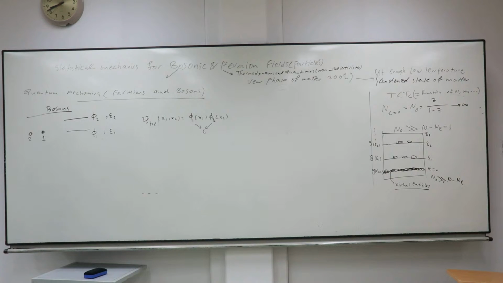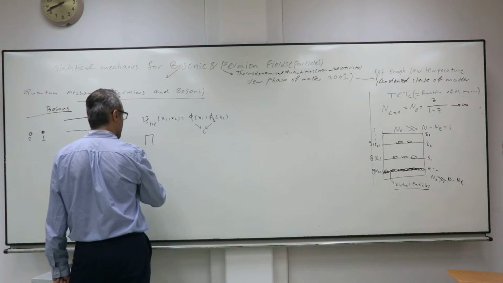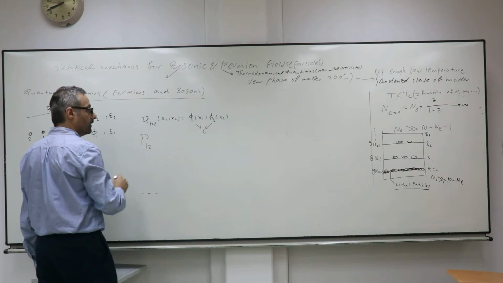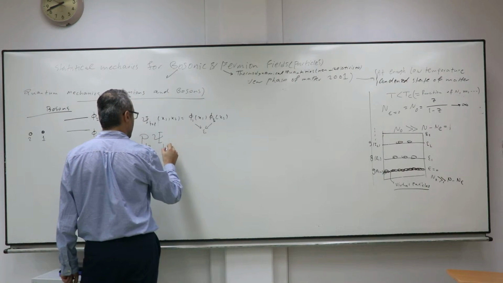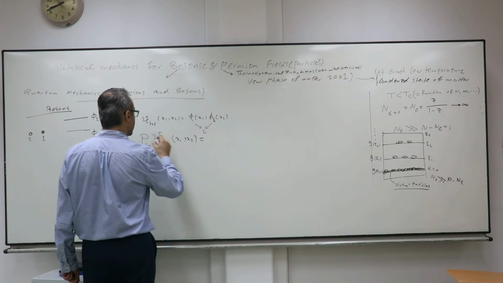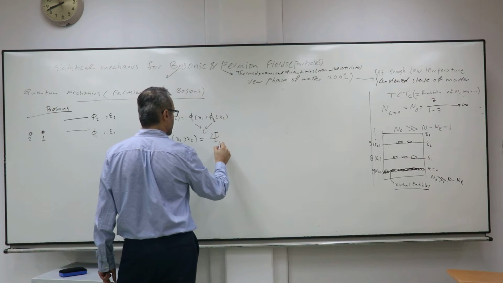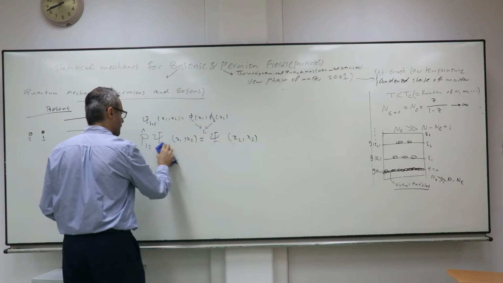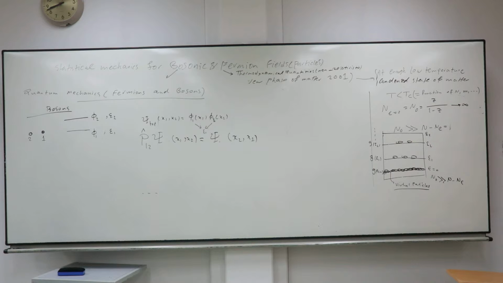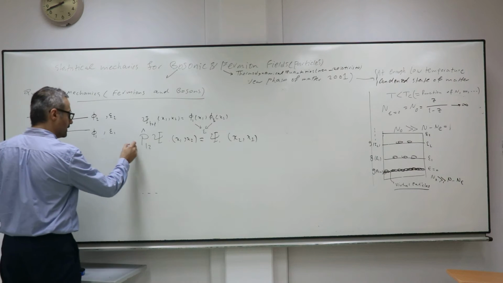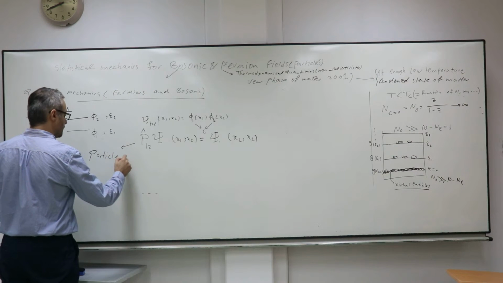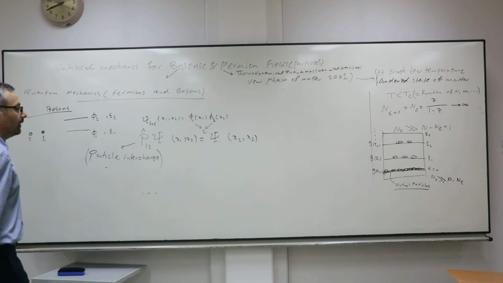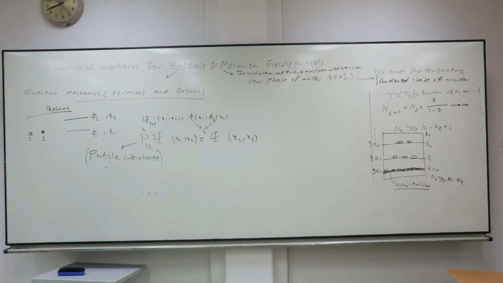Interchange of the particles doesn't change anything. So what does it mean? If you define an operator, I call it P12, the action of the operator is like that. If you act this operator on anything, it just changes the order of the particles. We call it the particle interchange. So for bosons, the particle interchange operator doesn't change anything.